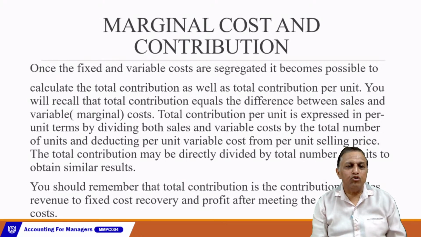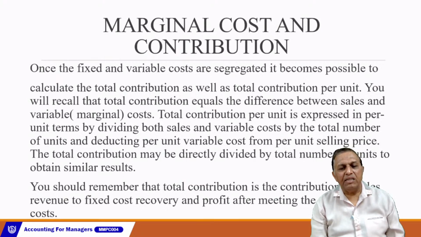The contribution is arrived at per unit by taking the difference of these two. So the total contribution may be directly divided by the total number of units, arriving at similar results, that is contribution per unit.